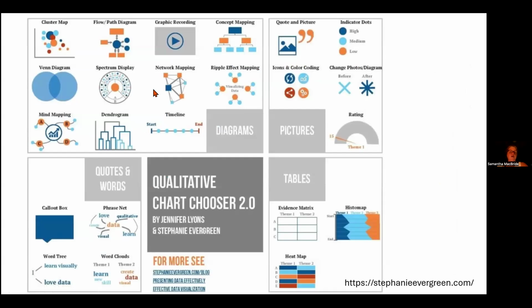Another view of qualitative data visualization is through some of these suggestions here that were put together by someone else, not me, Stephanie Evergreen, who has a consulting firm in data visualization.